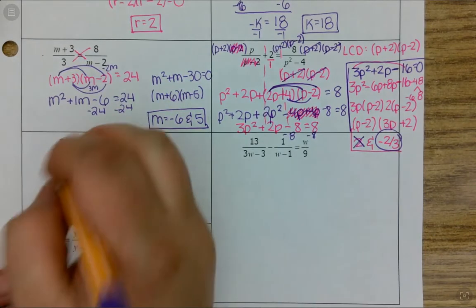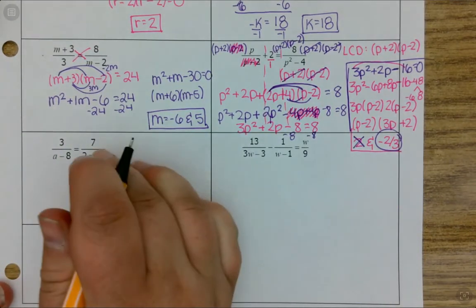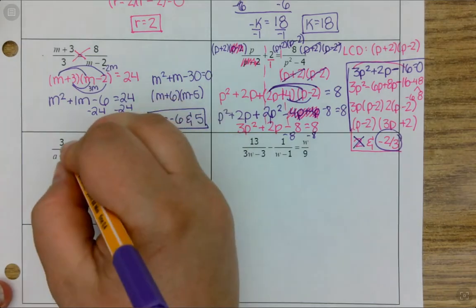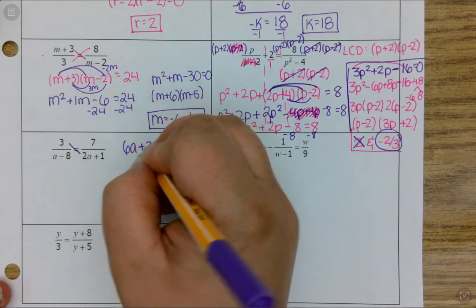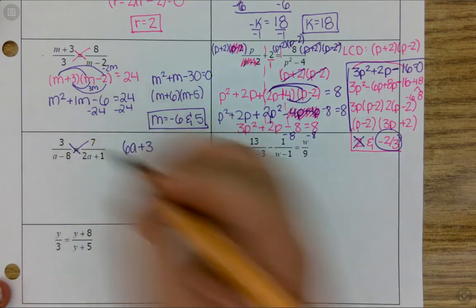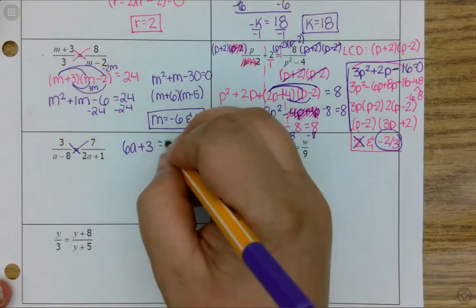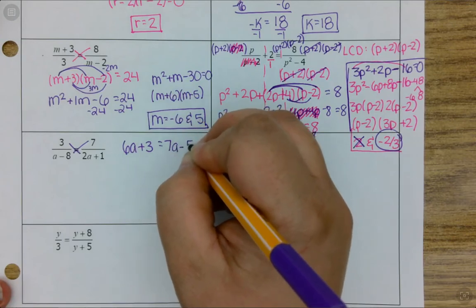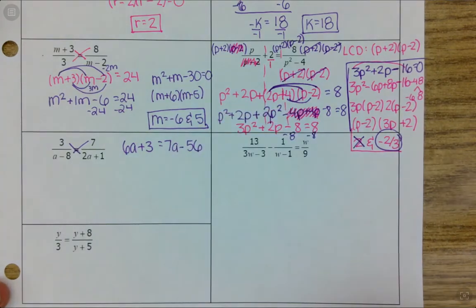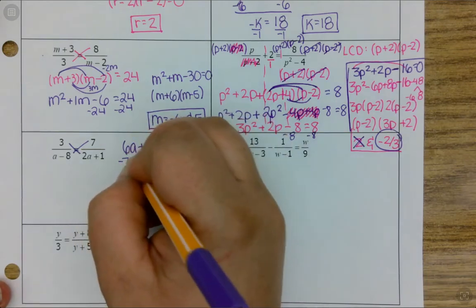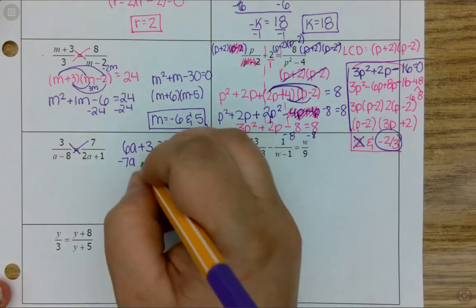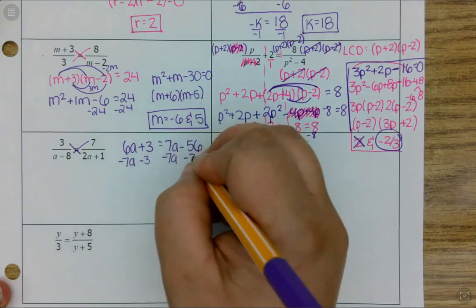Last 3. We're going to knock them out really quick. These are both cross multiplying. Boom, multiply by 3, 6a plus 3. Boom, multiply by 7, 7a minus 56. Subtract the 7a to the left side, and subtract the 3, so that moves to the right side.